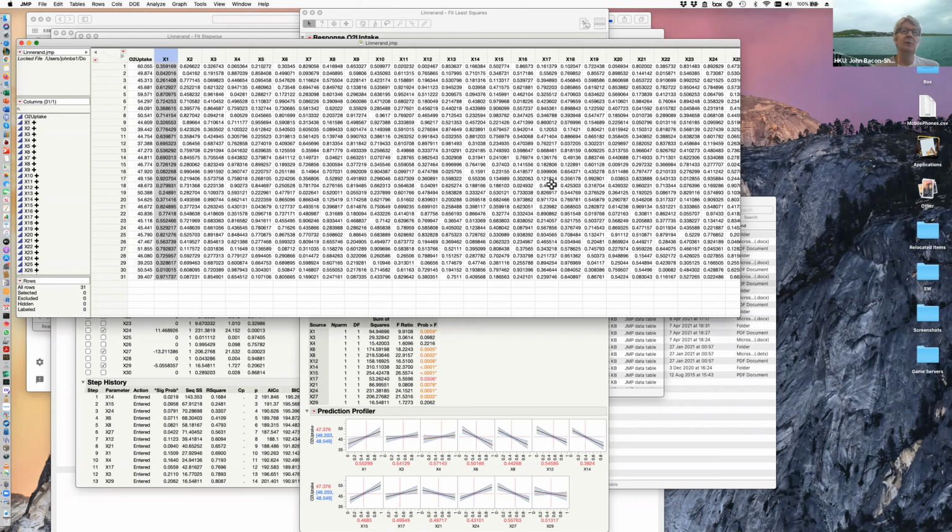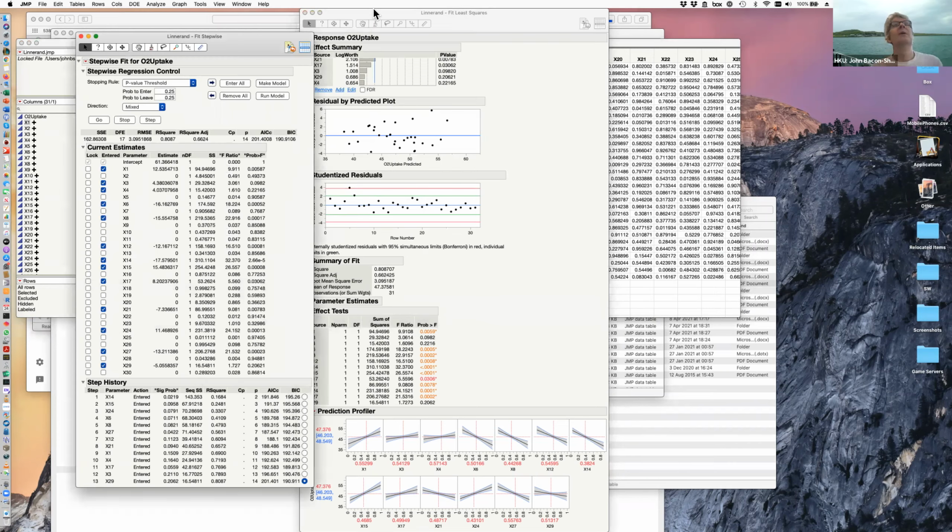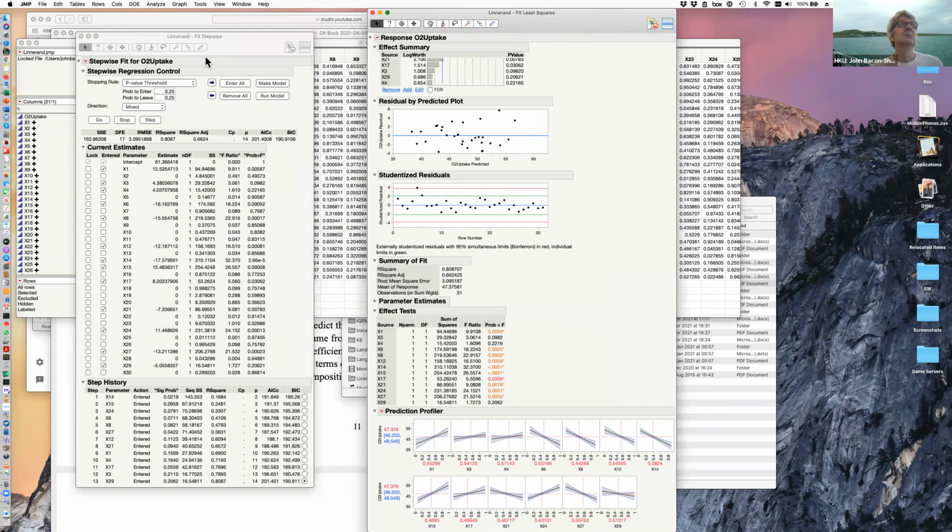So what's going on here? Well, it's because we're doing multiple tests. So if you think about it, let's go back to where we started out. When we started out here, the first step of the stepwise regression was it effectively looked at the 30 different X's and said, which of these is most significant?